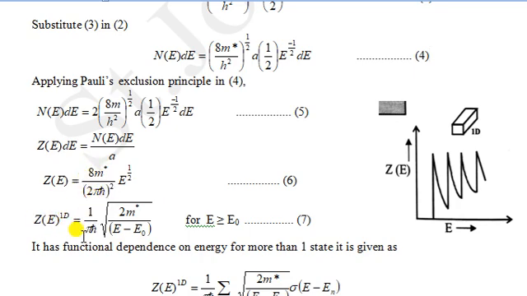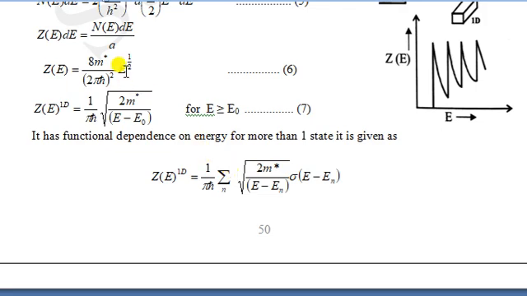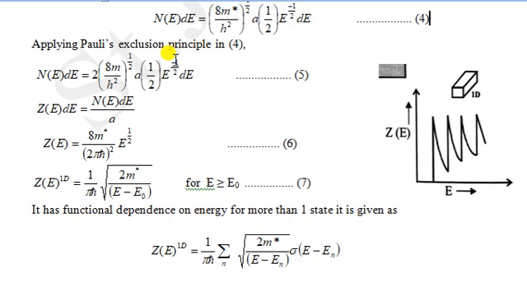we get 1 by pi h bar, root of 2m star by E minus E naught, for E greater than or equal to E naught, where E naught is the ground state. So for only one energy level, it is E to the power minus half.